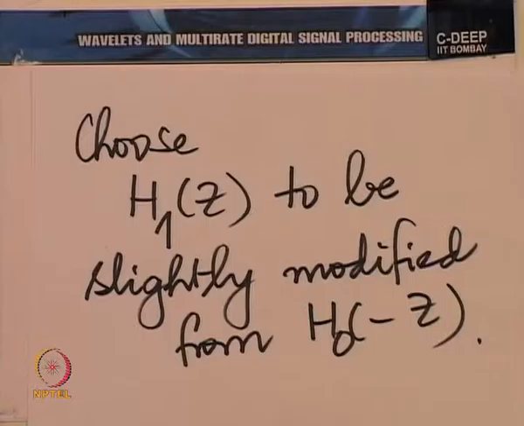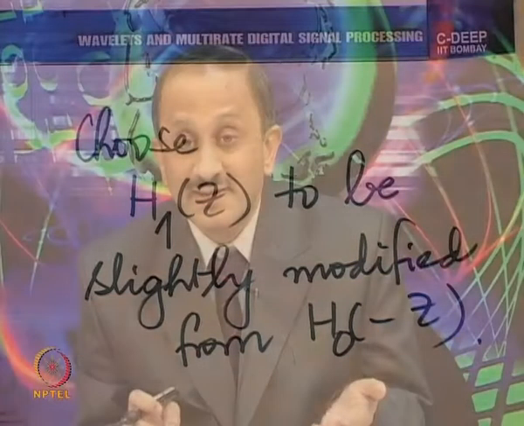So, in fact, here again there is a little bit of an issue. What I am now going to do is to put down a choice for H 1 by knowledge or by an exposure to the filter banks that I have and justify it later. So, you will have to bear with me for a little while, not too long, maybe just about a lecture. I shall put down the choice here, I shall partially justify the choice in this lecture and completely justify the choice in the next lecture, where we once again look at the whole system in toto.